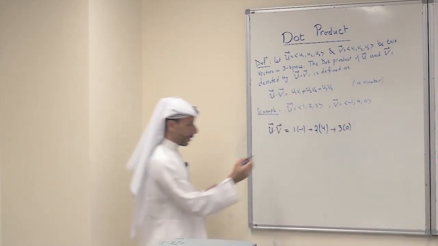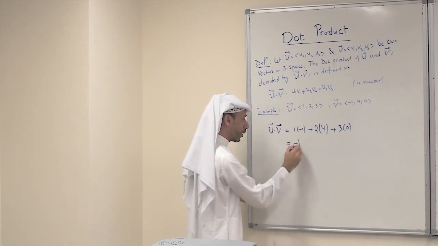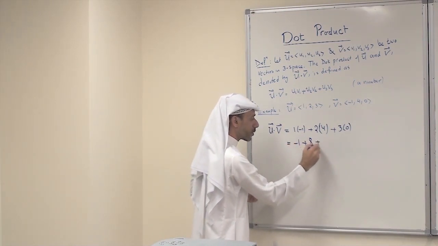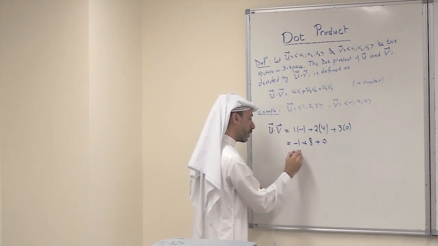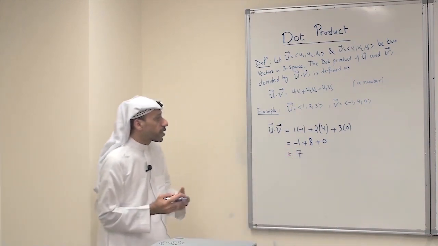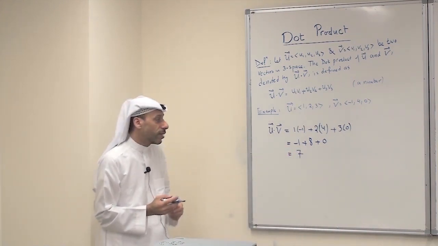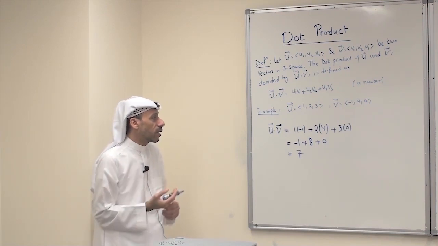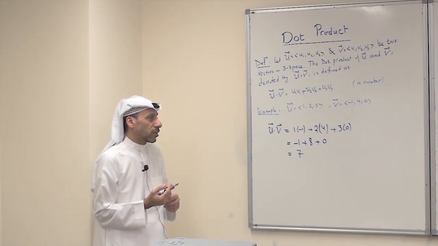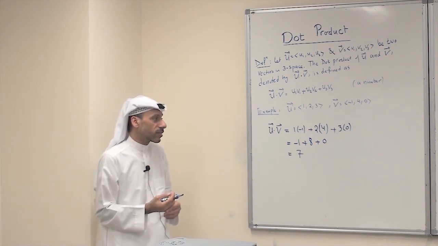You simplify and add. This is minus 1 plus 8 plus 0, and the answer is 7. So the dot product of these two vectors is the number 7. This is how we take the dot product of two vectors. It is a very simple operation.